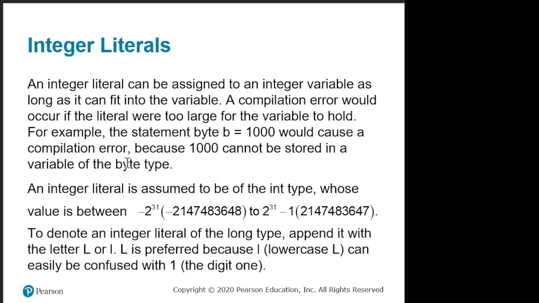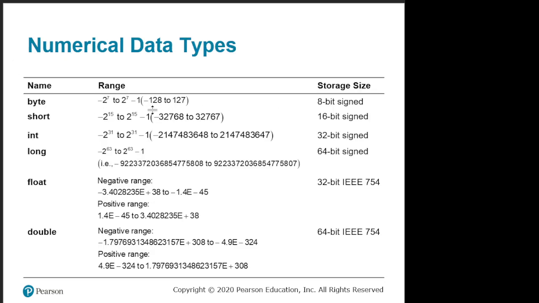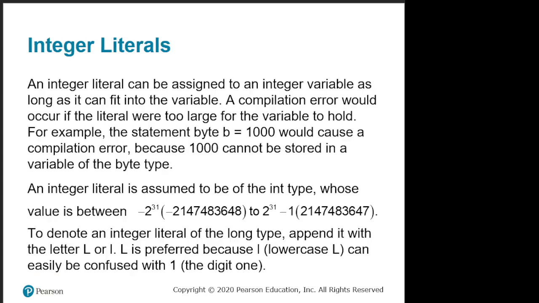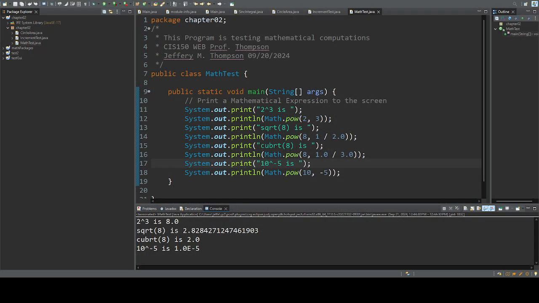So integers have a size. Byte can only be, if we go back, let me go back to the chart here, from -128 to 127. So I'm going to come over to my code here, and we're going to set up some variables.